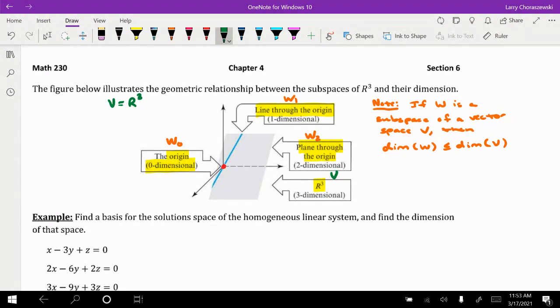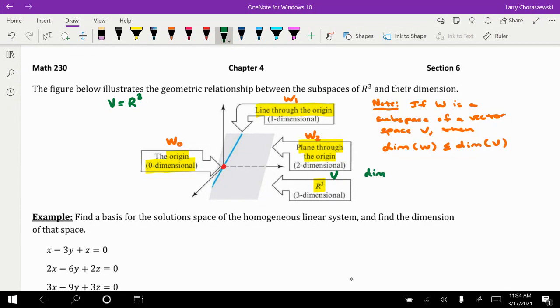Now, if you look at the dimension of the 0 space, that is definitely less than or equal to the dimension of the whole vector space, which is R3. It also happens to be less than or equal to the dimension of W sub 1 and W sub 2. In fact, we can chain link all these vector spaces' dimensions in the following way. The smallest dimension is the dimension of the 0 subspace.